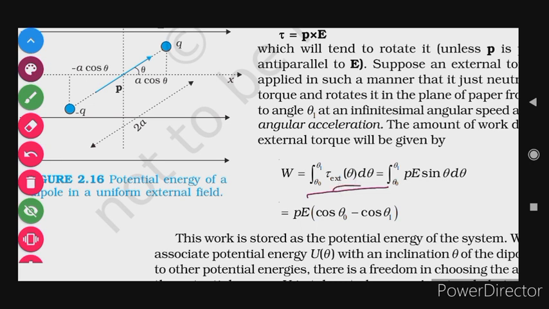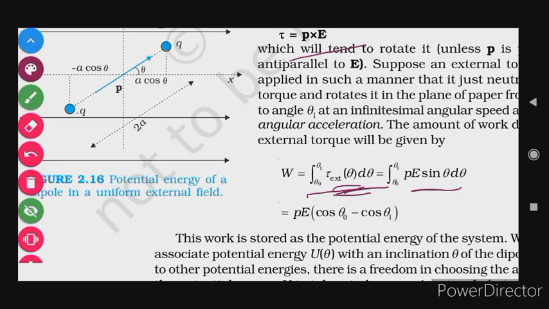Now we put in the value of the external torque, because it is equal to the torque exerted by the electric field on the dipole, which was pE sine theta. We are applying an equal and opposite torque.